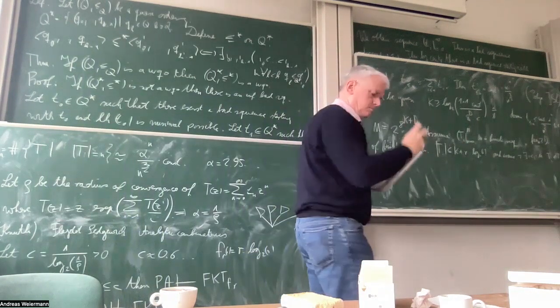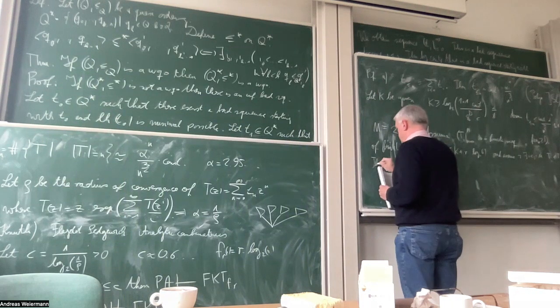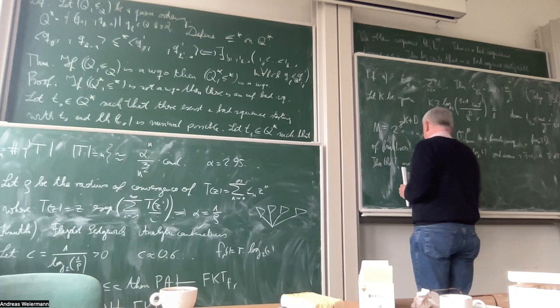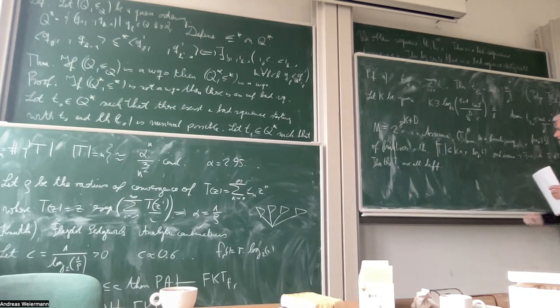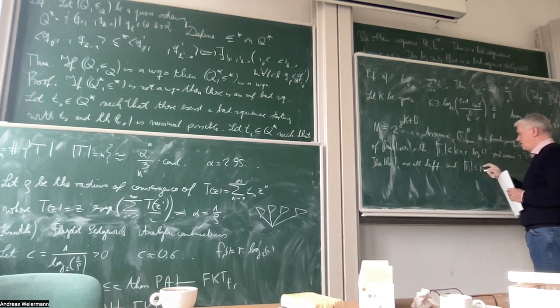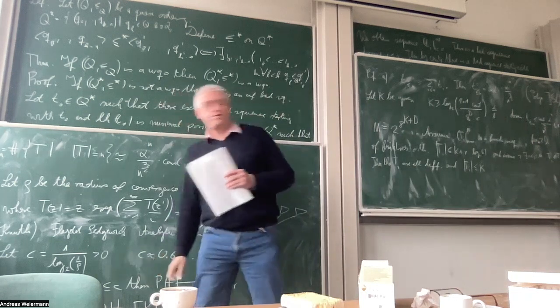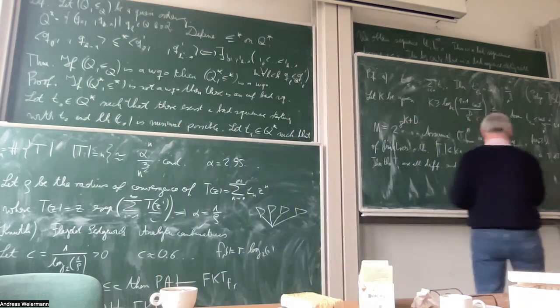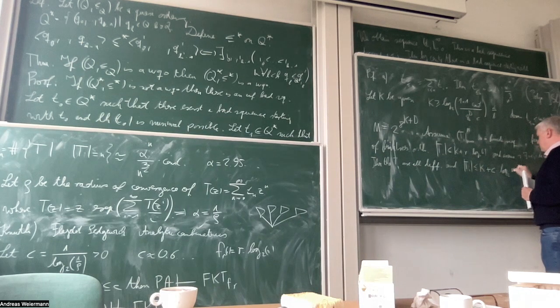So the T_i are all different, and moreover, the number of nodes in T_i is bounded by k plus r times binary log of n, which is less than or equal to c, so I can make it bigger, times the last element is m.